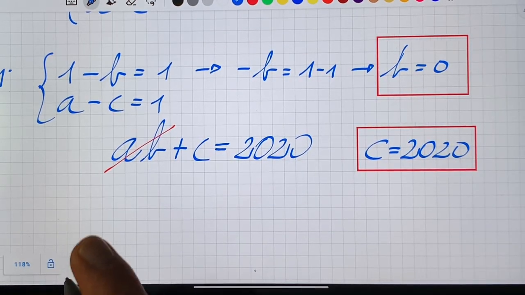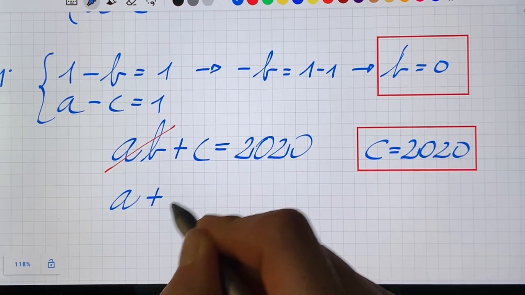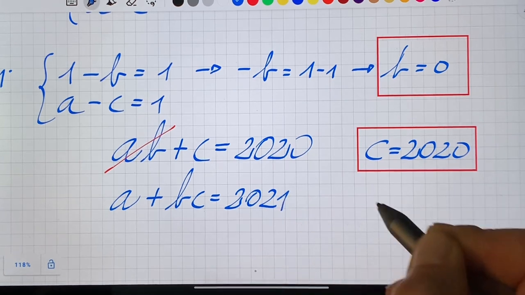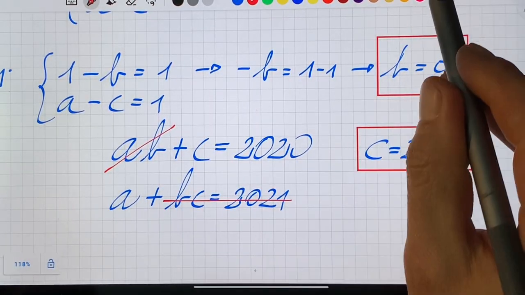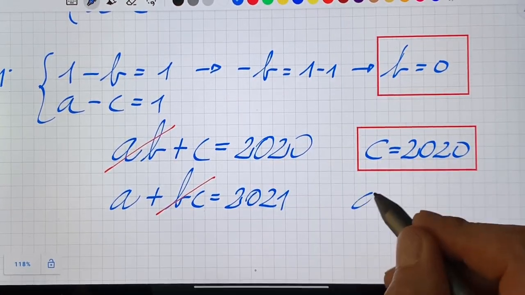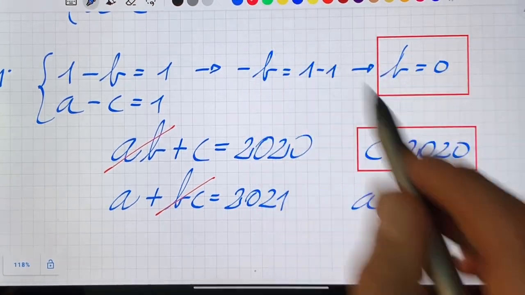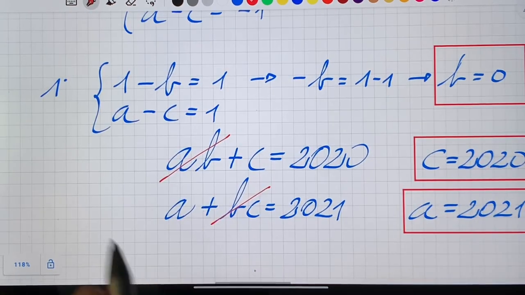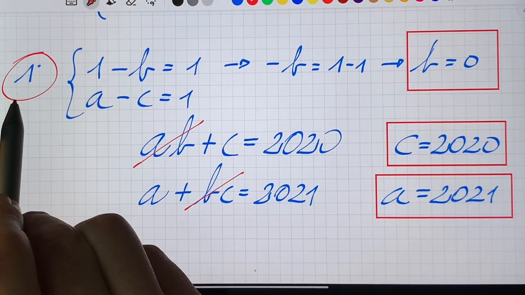We will use again the first equation, a plus b times c is equal to 2021. And from here, given b is 0, a is equal to 2021. Okay, those are the solution in the first case.